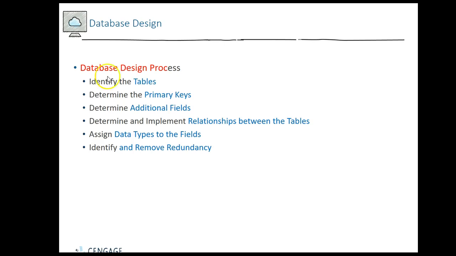These are the main entities. Identify them, determine the primary key, add the additional fields, and then establish a relationship between the tables, right? This is the beauty of using a database, that means using a database versus Excel. Assign data types to the fields, and then identify and remove any redundancy.